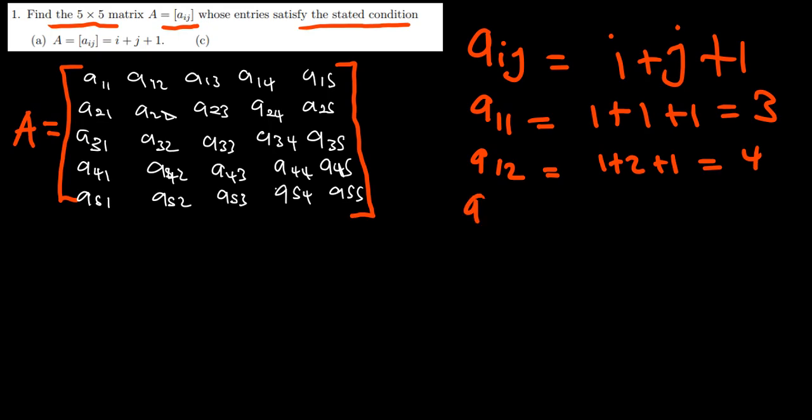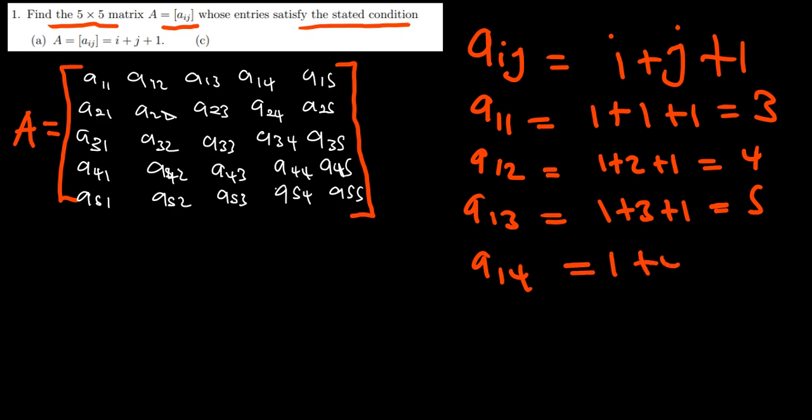Then A13 is 1 plus 3 plus 1, which is 5. A14 is 1 plus 4 plus 1, which is 6. And A15 is 1 plus 5 plus 1, which gives 7.